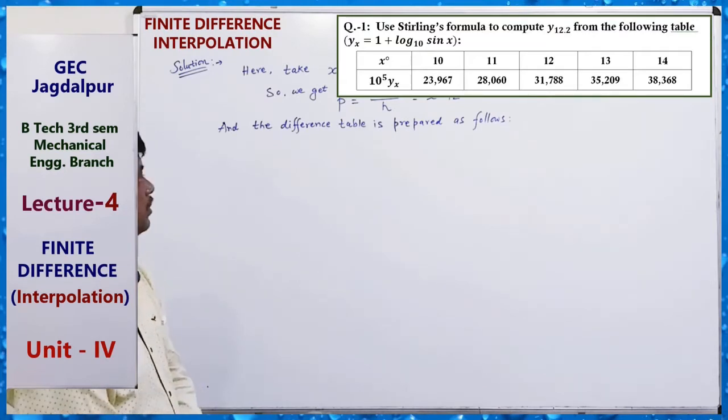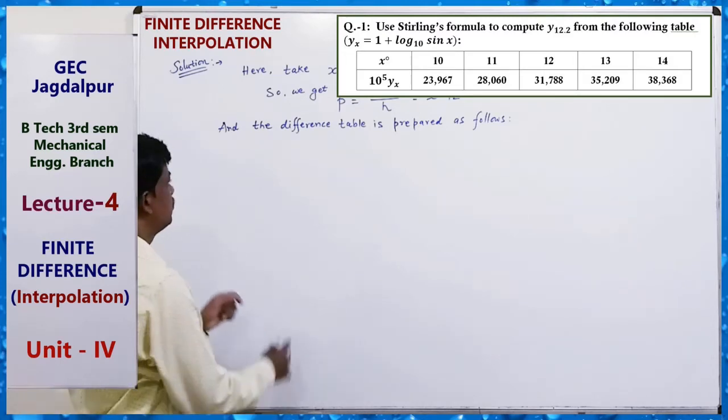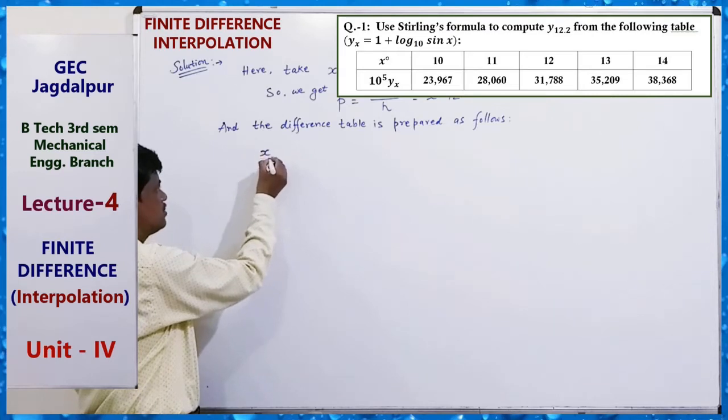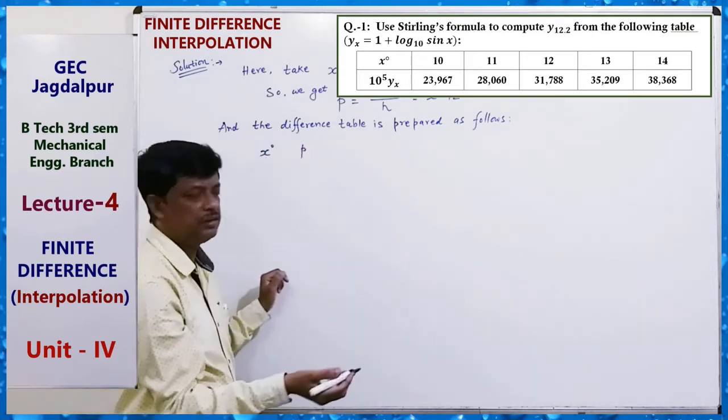First of all, we have to form the table. We can write x, and also we can write the value of p.